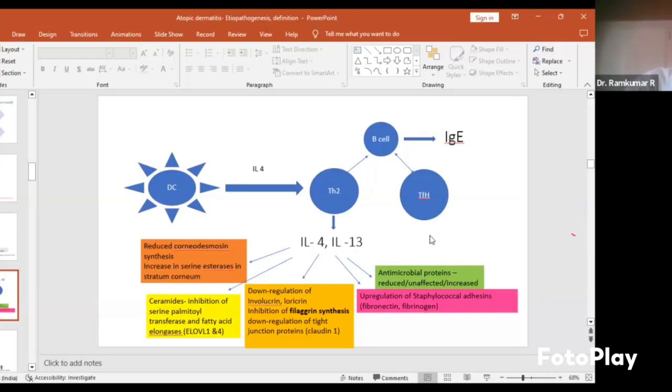So in atopic dermatitis, there are more basal cells than cells of the stratum spinosum, stratum granulosum or stratum corneum.